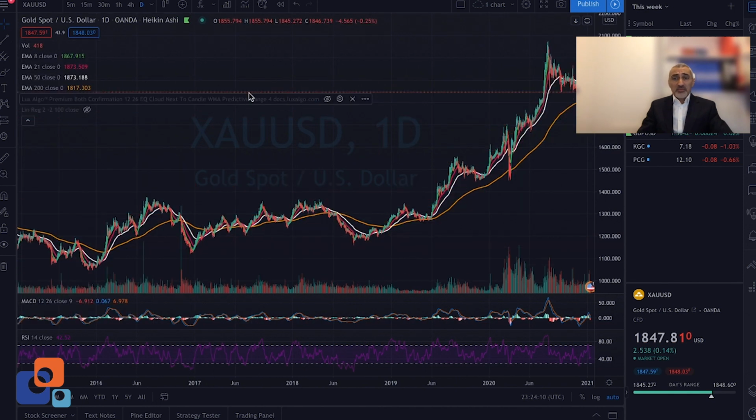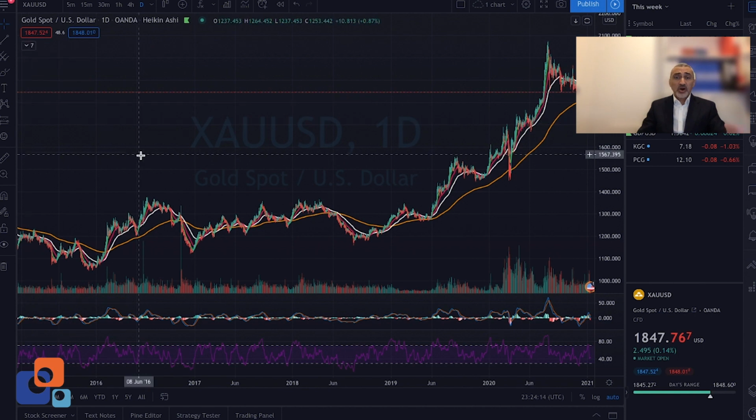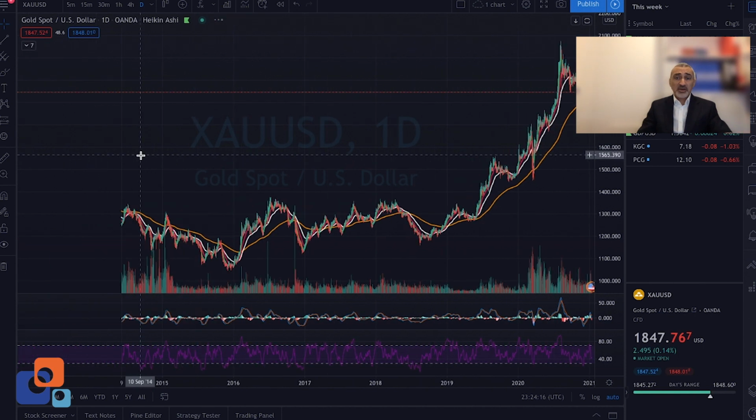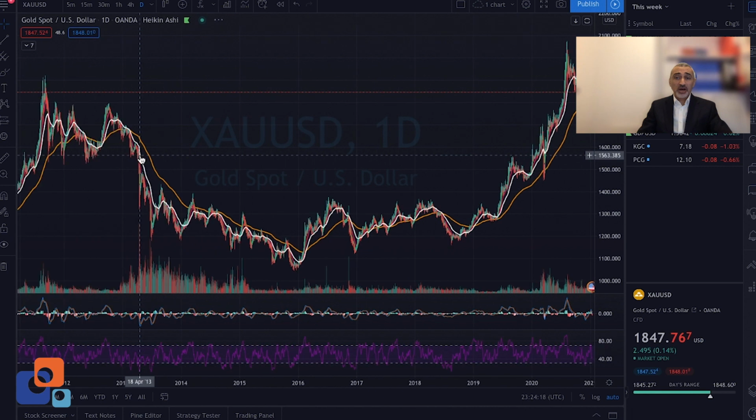Right. The main thing we can see here is the behavior of price around the orange line, which is the 200 exponential moving average, as well as the white line, which is the 50 EMA.